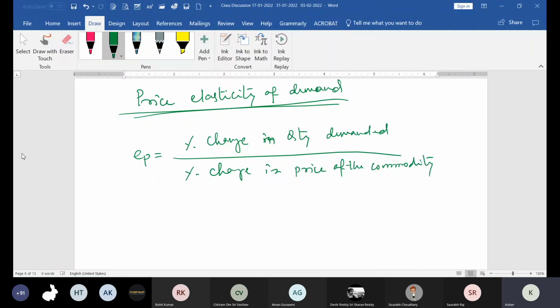Means with respect to change in price, I am measuring how sensitive the change in demand is. That we are measuring under price elasticity.